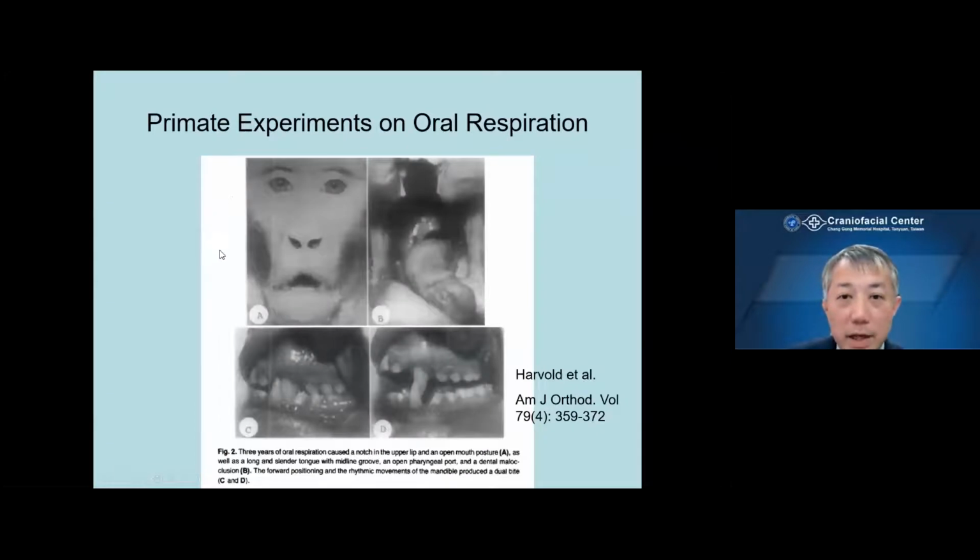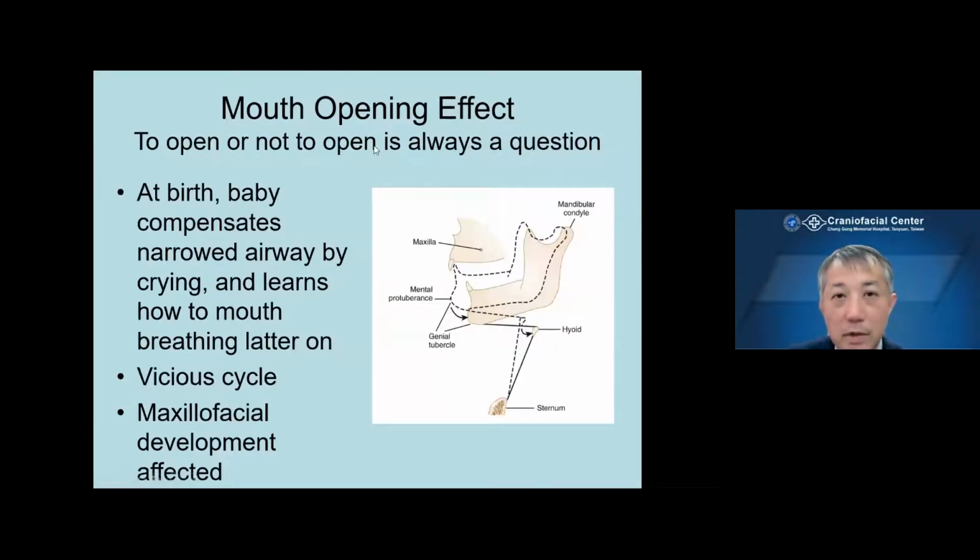In some experiments on primates, we can see that if we close the nasal passage, eventually the primate will shift to mouth breathing, and gradually the bite will change. We know that the effect of mouth breathing is that the mandible will relax.